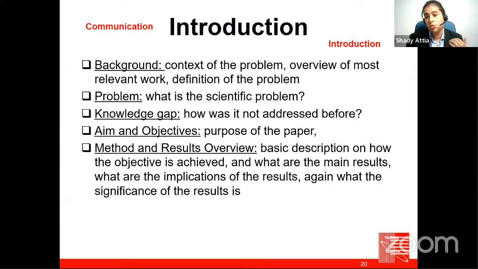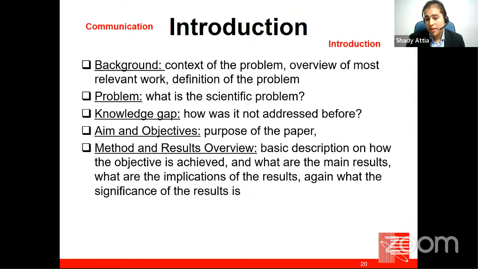Also, what is important to include is a short description of the methods and results. Some of you will tell me, yes, but I'm going to explain this anyway later on. Why should I put it here again in the introduction? Here it is short and presented to give an overall idea of what is coming.